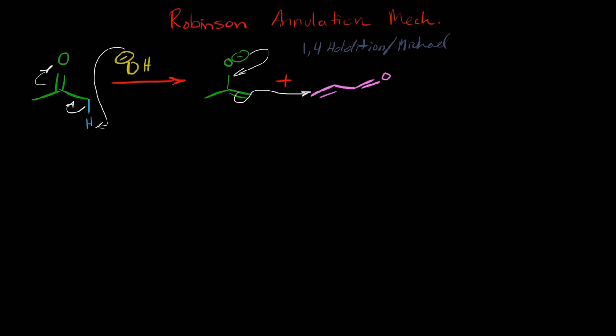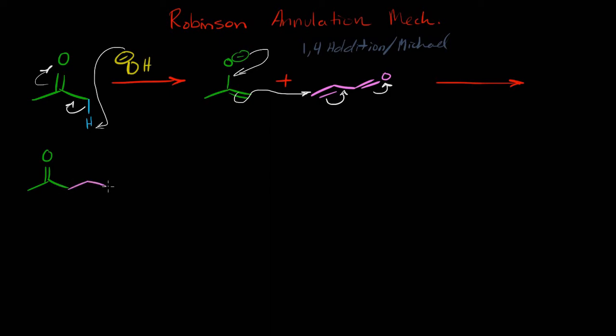Great. So when we do that, we're not finished with the mechanism here yet. When we do that, we of course have to move electrons around, and we get something going on like that. So what does our product now look like? Well, it looks like we are, for the most part, reforming that acetone, and from that carbon, it is attaching to 3 other carbons, and so I'm going to draw 3 carbons.